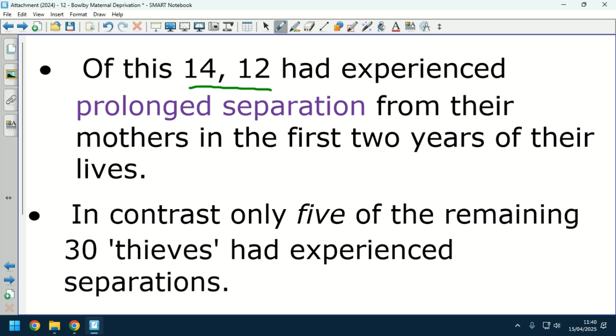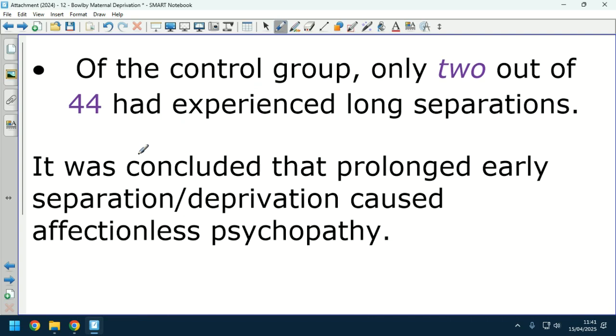But we see that the other thieves didn't have those prolonged separations. We look at the control group, and we only find 2 of them had long separations. And so he concludes from this study that prolonged early separation causes affectionless psychopathy. He pretty much says that this is the root cause of these children's problems.